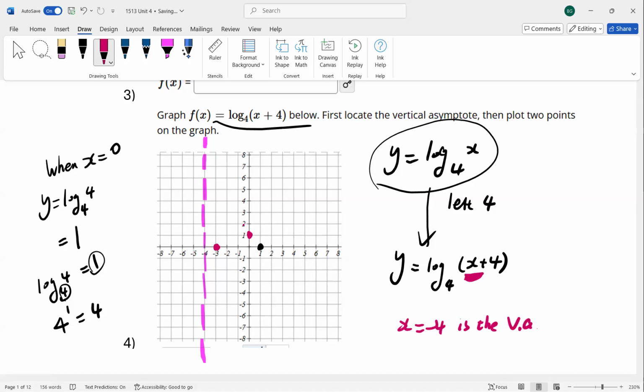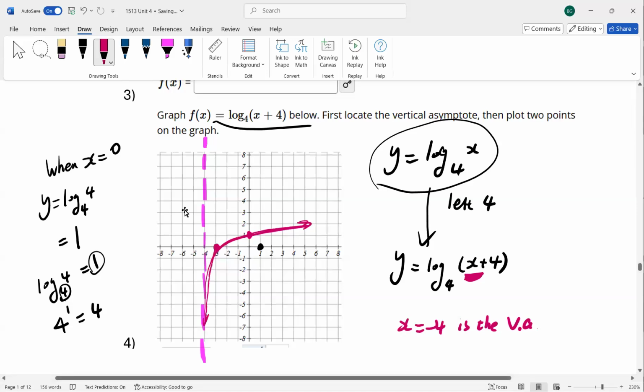Okay, it says 2 points would be enough. The tool in Lumen can help you draw the graph like this. Okay, yeah, that's the graph.